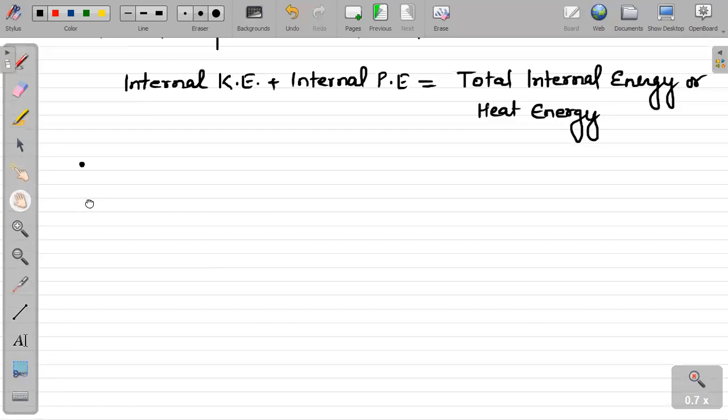Amount of heat required to change state of a body. स्पेसिफिक लैटेंट हीट और लैटेंट हीट अलग है.